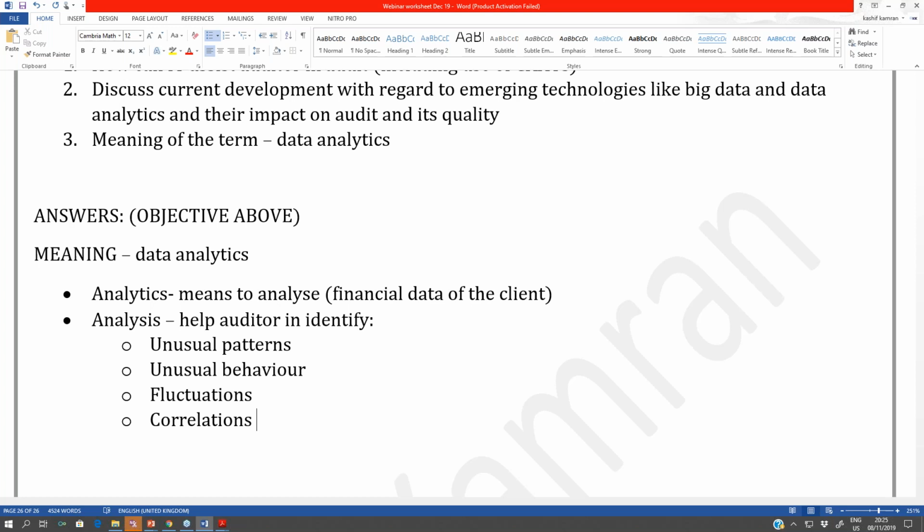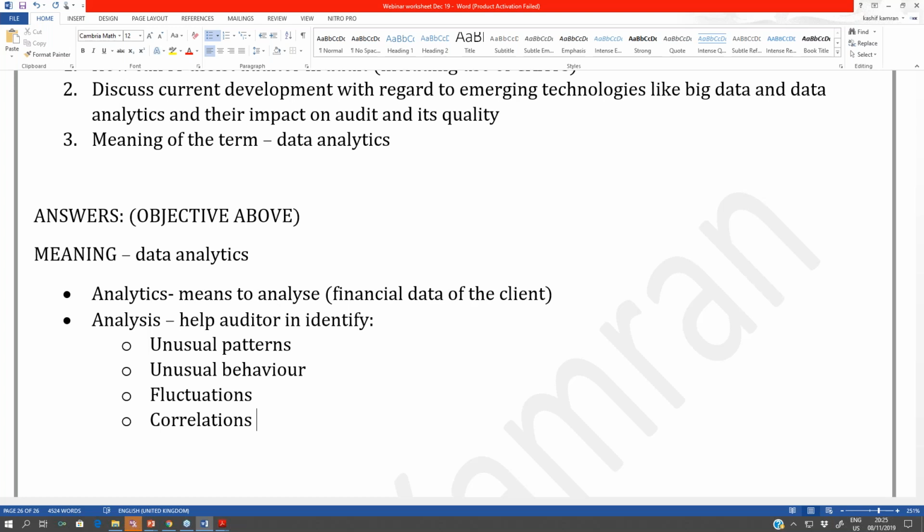Large amount of data, exactly. So if you are going to companies like Amazon, IBM, Procter and Gamble, Unilever, General Motors, Pepsi, Coke, imagine the data, and you have a month or two to do the audit. So you need to use your computers and your software when you're going to the audit of these large companies.